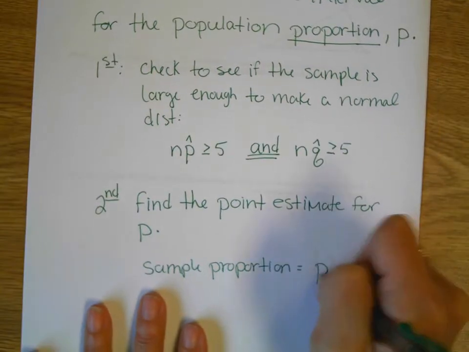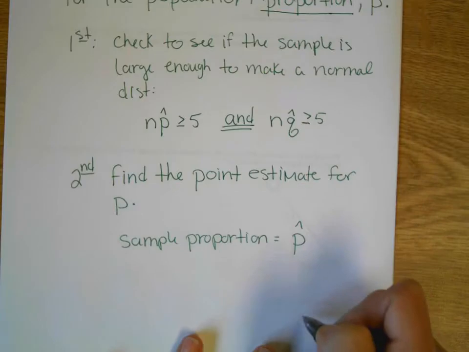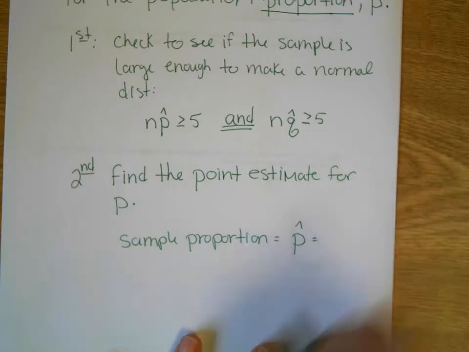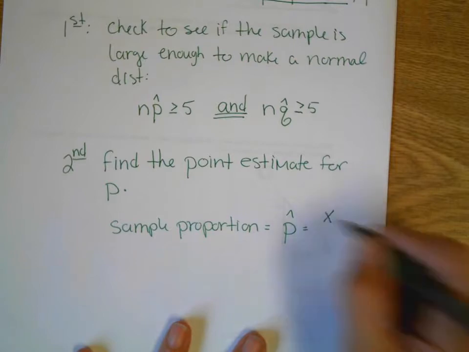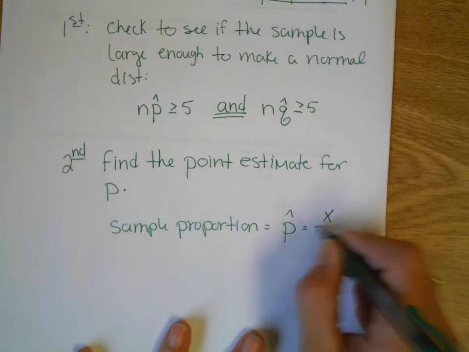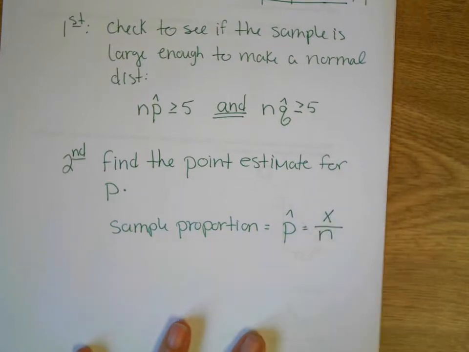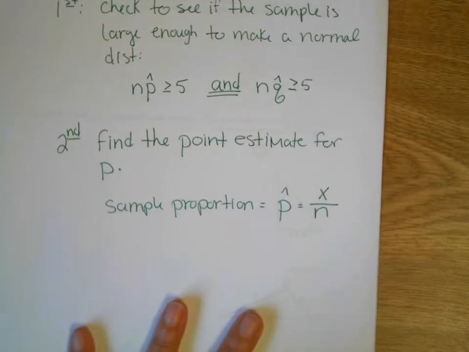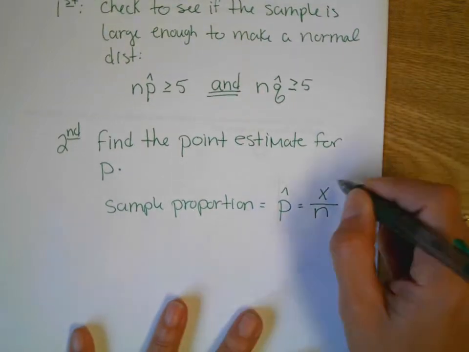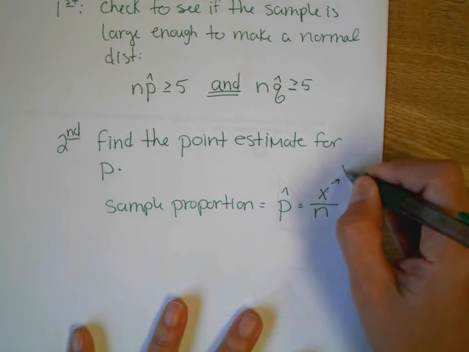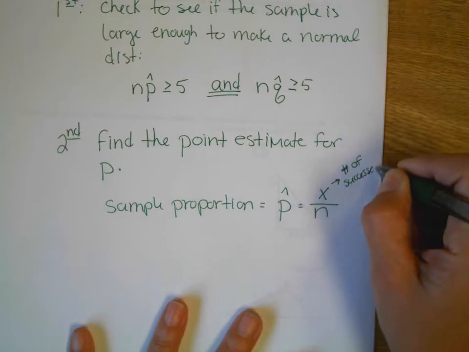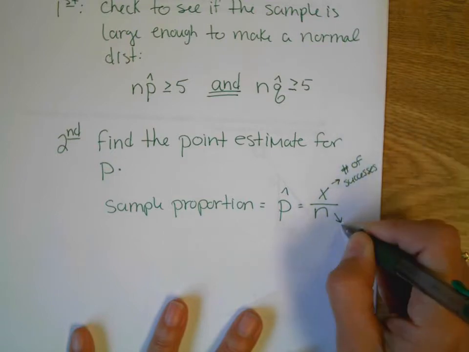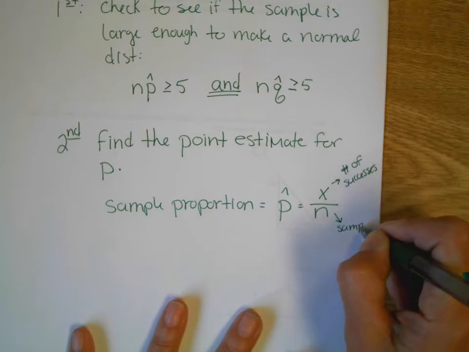Which we call p hat. And the way you calculate p hat is you take your number of successes over your sample size. So x is number of successes, n is sample size.